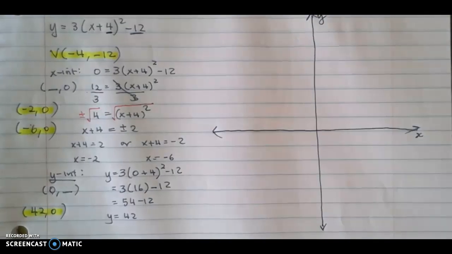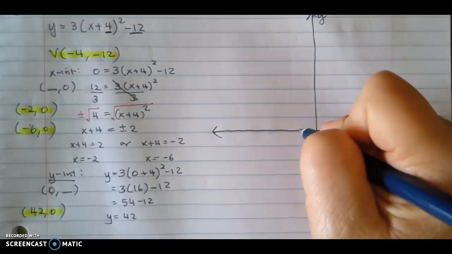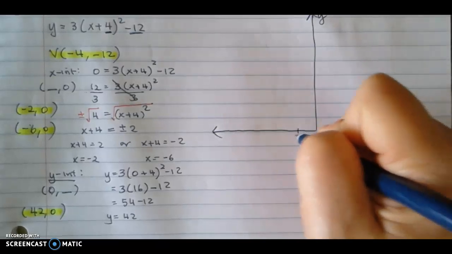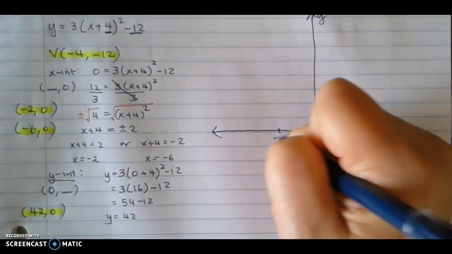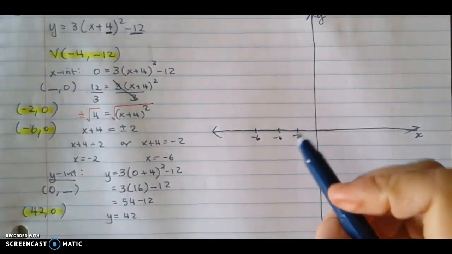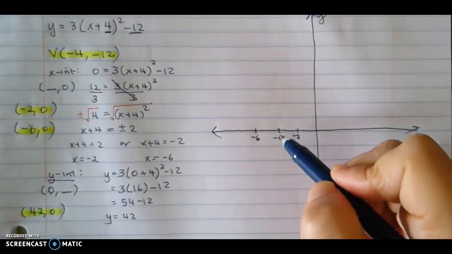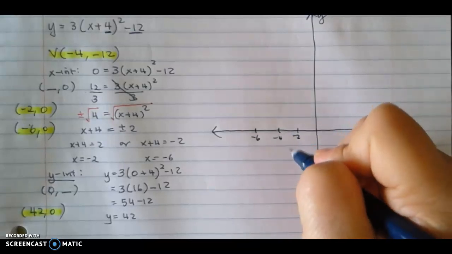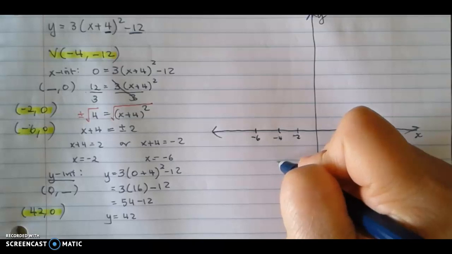From here, I am going to put in my x-intercepts, -2 and -6. So that's -2, -4, let's call this -6. And I need to find my vertex. It's (-4, -12).